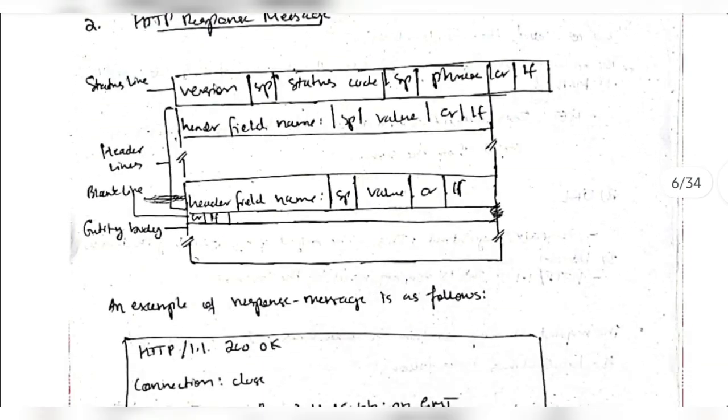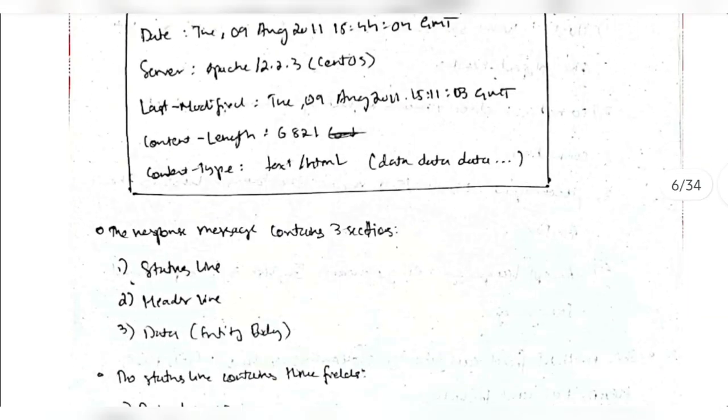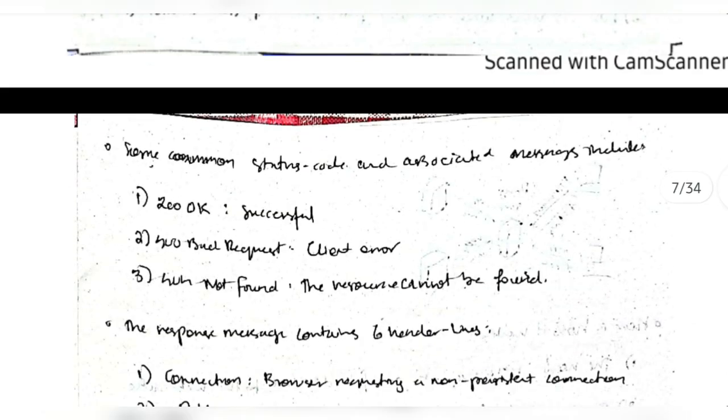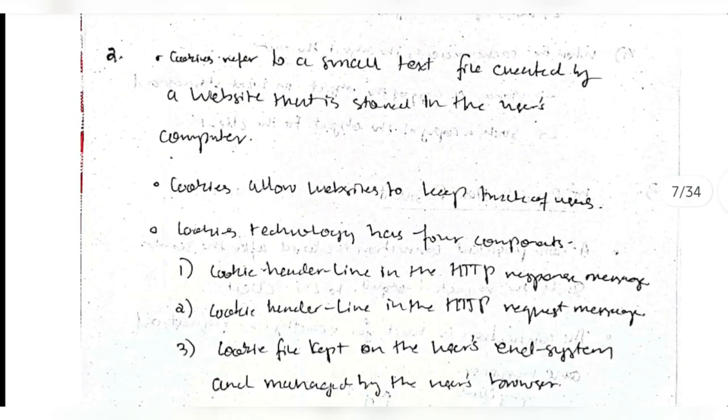Let's move on to the next one, which is: explain how a client requests an object through a web cache. The main thing here is the cookies. Cookies means what? If a user enters a website, at that time the user's data will be saved somewhere. If the user is from India, is of age 21, and studies in some university, that information is stored here in the cookies.